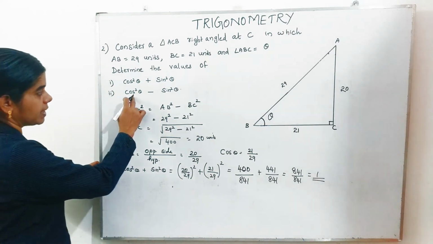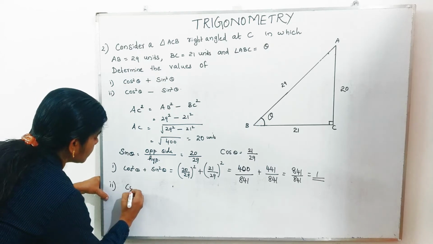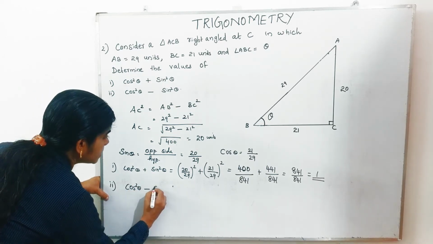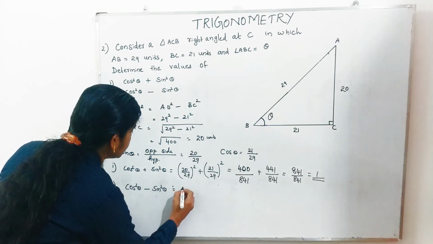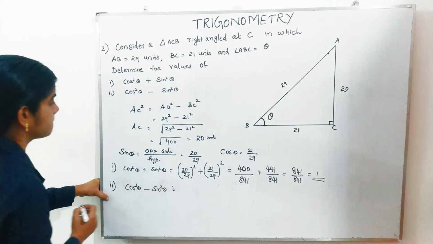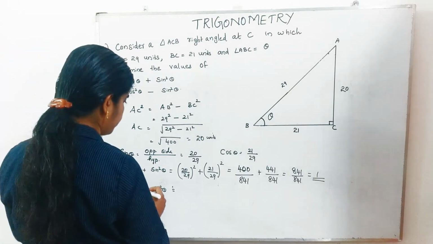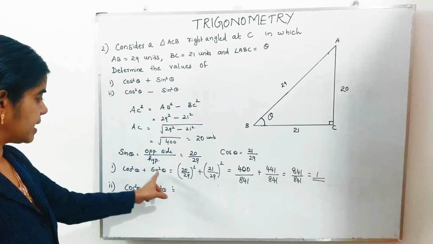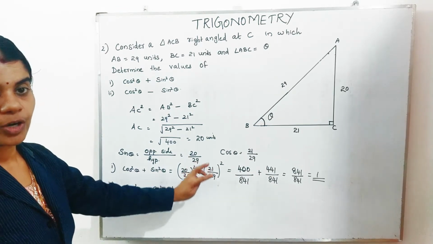Next you want to find out cos square theta minus sin square theta. Here I have written sin square theta first. No problem, adding it will not have an effect.